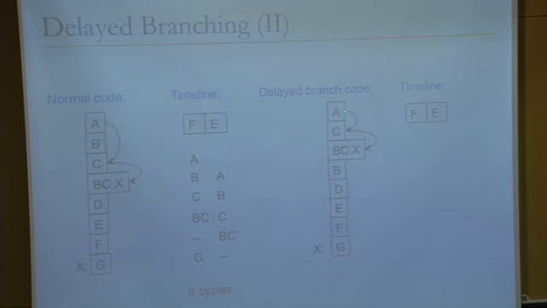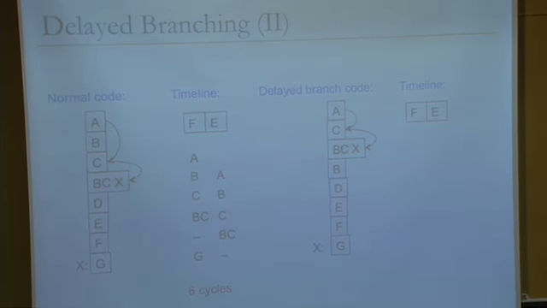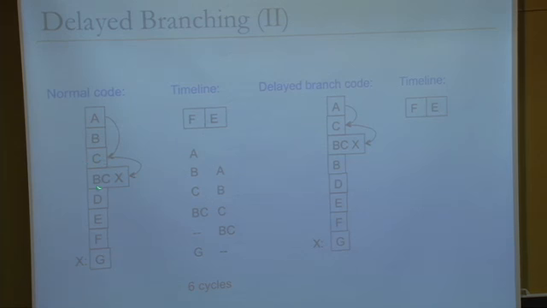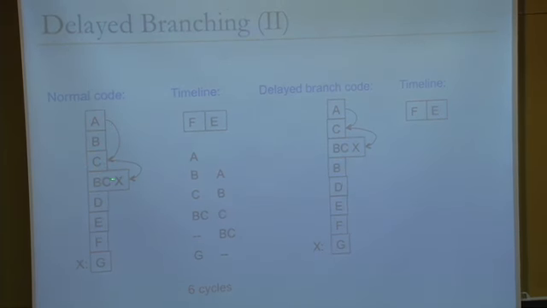Now, if you have a delayed branch, well, what can you do? Let's say you have one instruction delay slot specified in your branch. Well, we would like to fill the delay slot. What can we fill it with? We cannot fill it with any of the instructions that come after the branch, because depending on the branch condition, you're going to execute either D or G. Right?